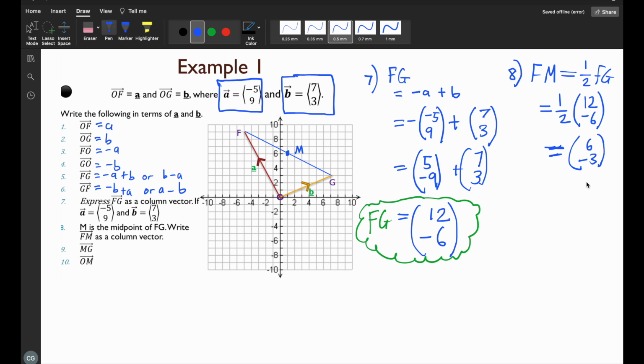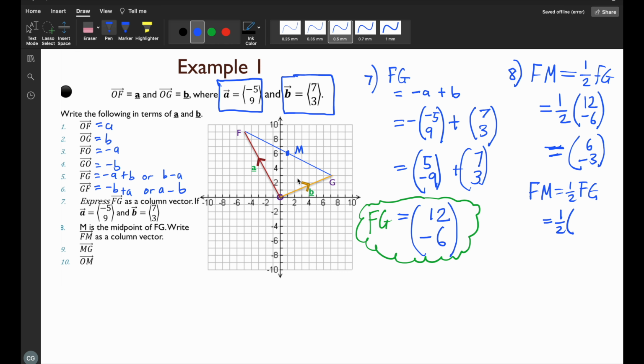Okay? 6, negative 3. Now, if I needed to do it as an expression here with A and B, I know I could use the same concept, because FM is equal to half of FG. I already know what FG is. What is FG in terms of letters? Minus A plus B. Lovely. So all I need to do is put here half and whatever that is.